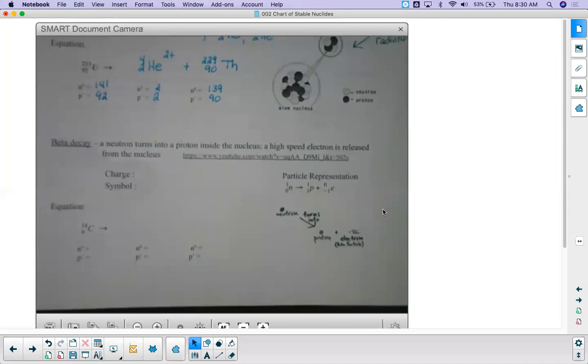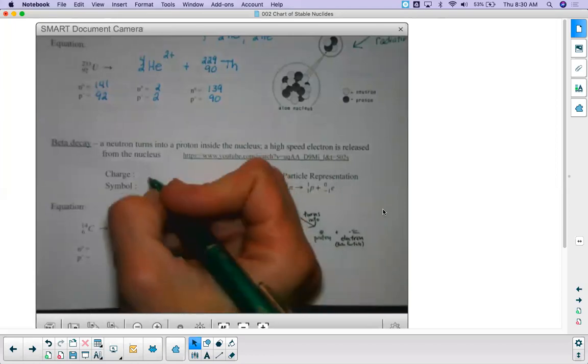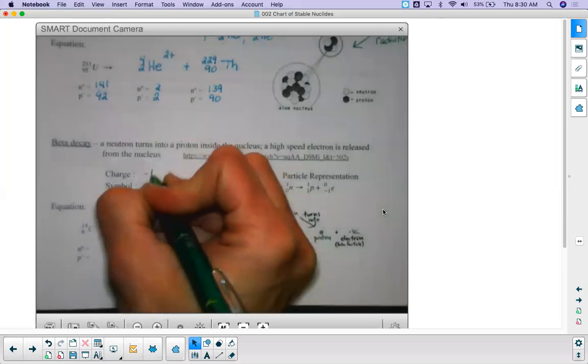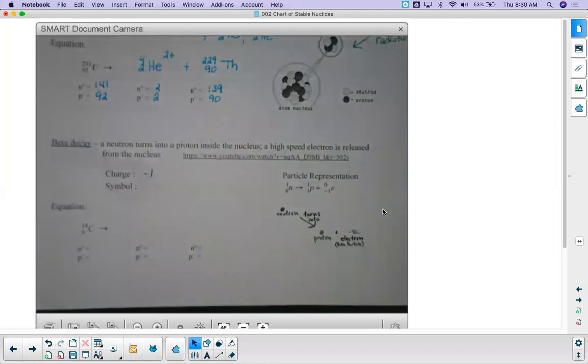And when beta decay happens, the neutron splits into its two pieces, one proton, one electron. So here we have a neutron turning into a proton and emitting an electron. The charge on beta decay is -1 because it's an electron.